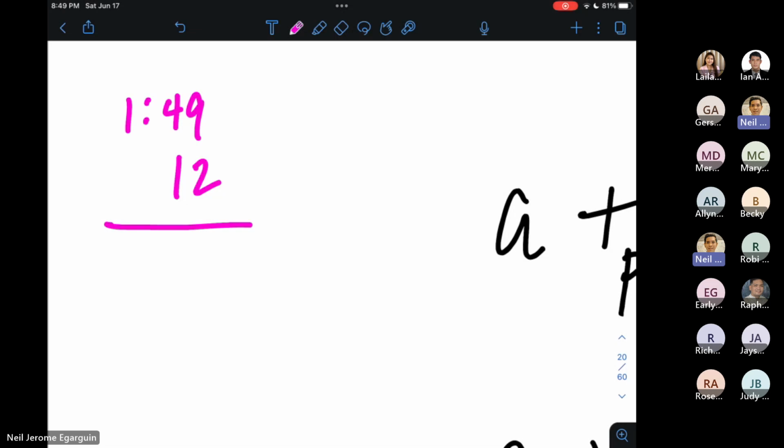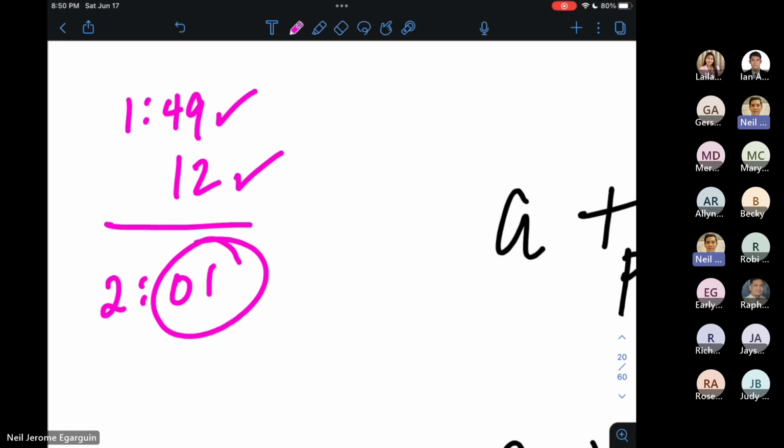Ano na yung sagot? 201, right? Tama ba? 201. Yeah, 201. Pero, ibig sabihin yung 49 plus 12, naging 01 na yung sagot. So, this is probably an example of modular arithmetic, although medyo synthetic yung approach. Pero sige, illustrate na lang natin.